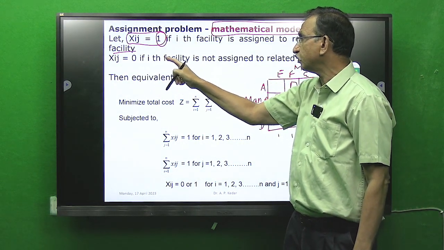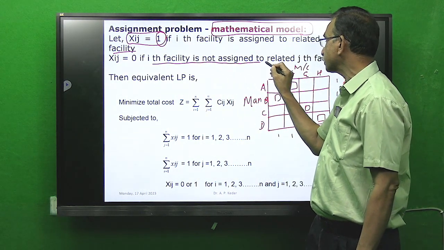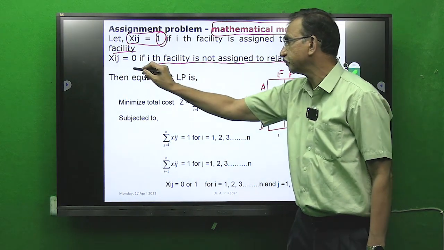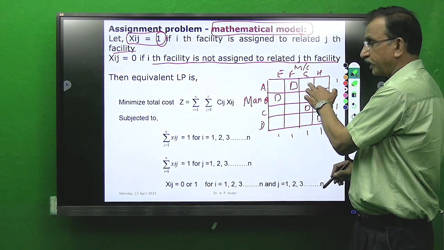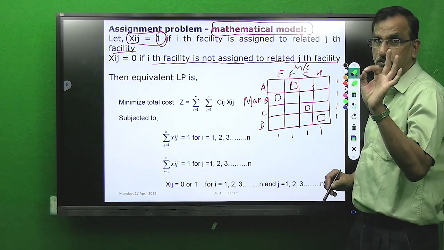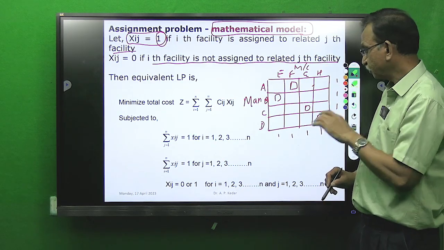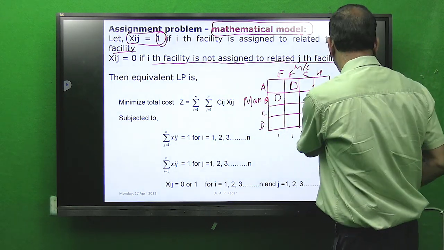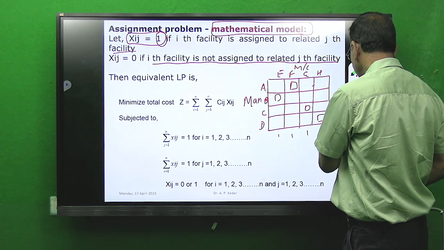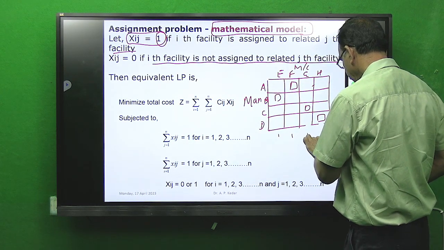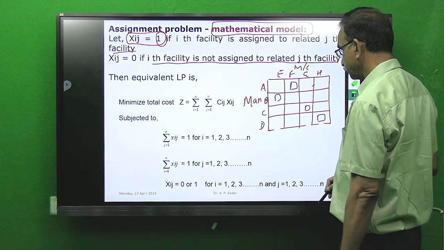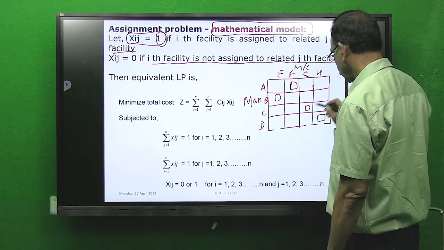Xij is equal to 0 if the ith facility is not assigned to the related jth facility. Here you can see blank, meaning 0. Clear? It is never written like this, so I will rub it out. Since it is 1, it is not written.